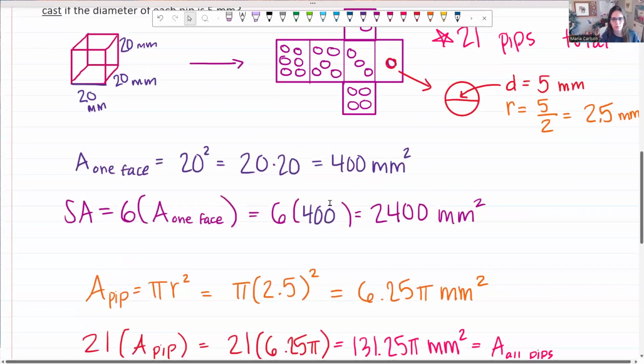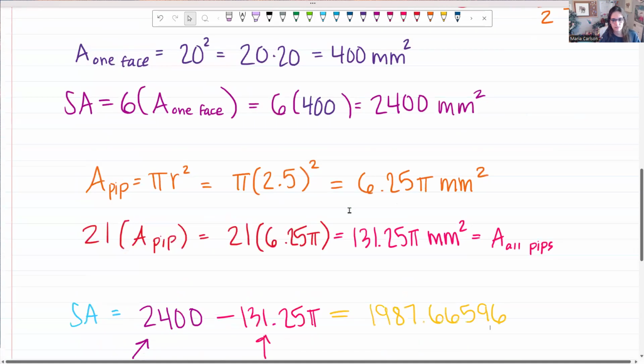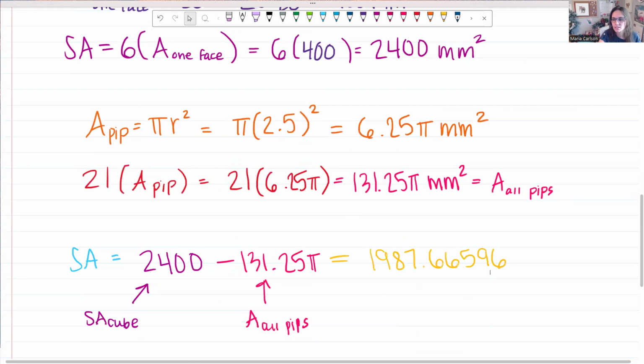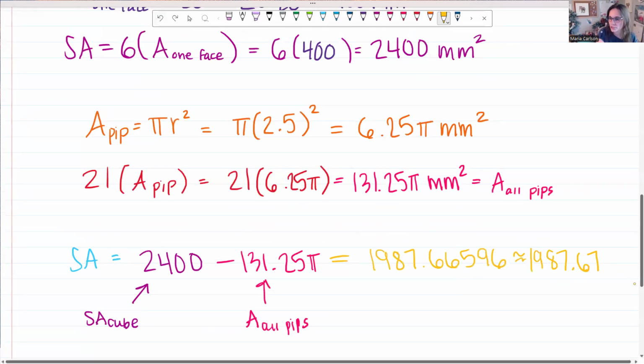And the problem, I believe, did it ask to round? It did not. So let's just round to the nearest hundredth. So I'm going to say this is approximately 1,987.67, since the 5 after the 6 would cause us to round up. And surface area is a square unit, so this would be millimeters squared.